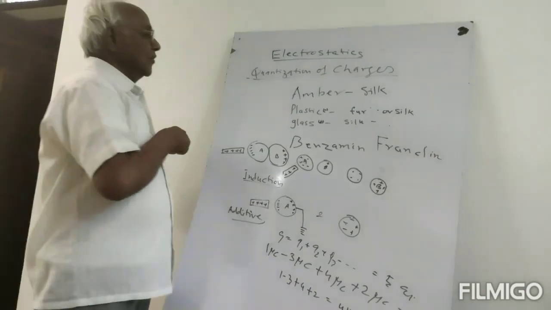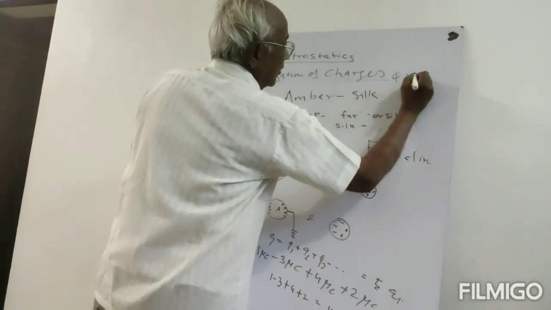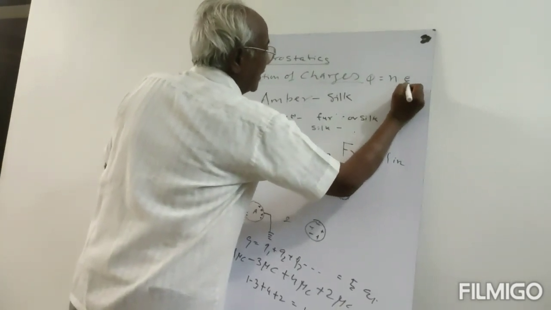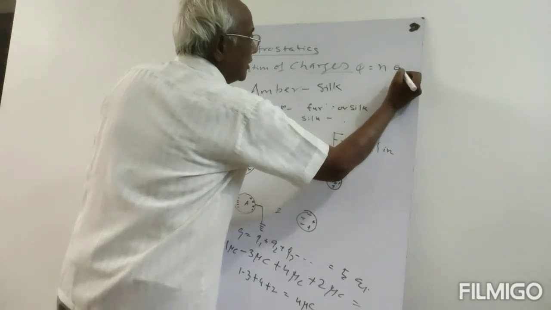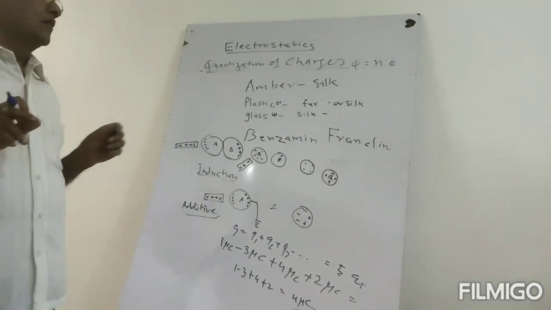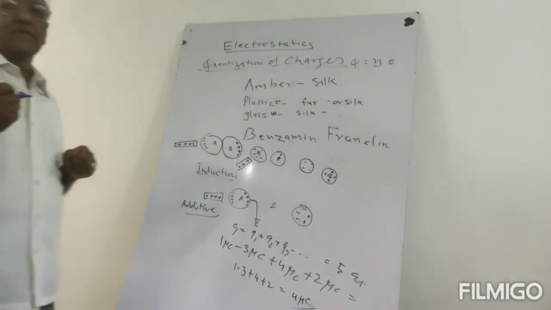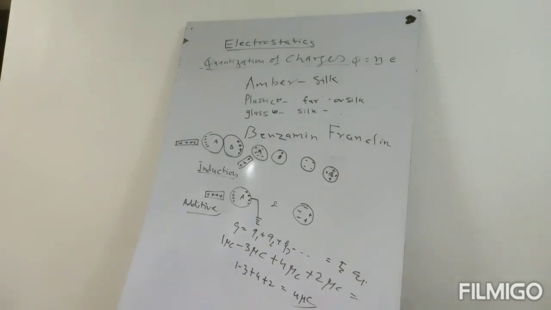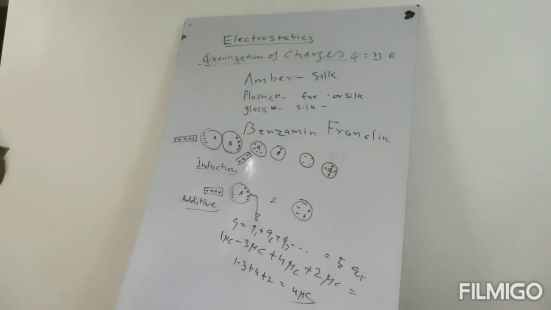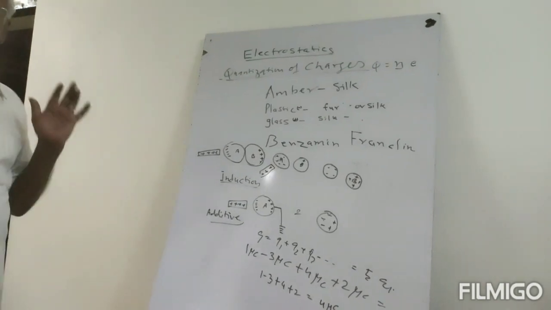So the charge on the body Q will be equal to n times the charge of the electron, that is e. Here n is an integer, always a whole number. So the charge on any body will be an integral multiple of the magnitude of the charge of the electron.